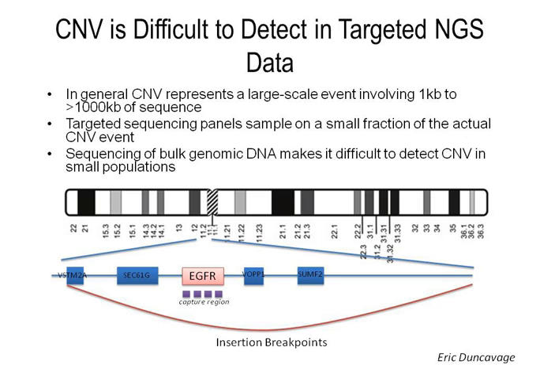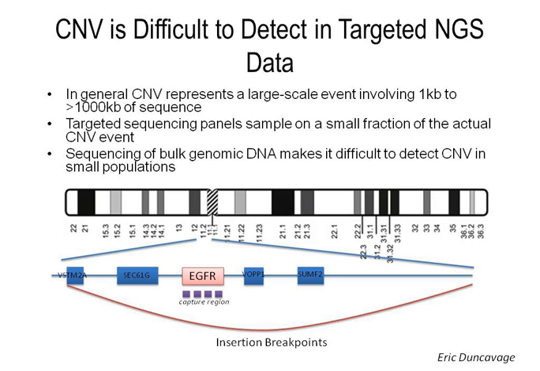It's all good for single nucleotide variants, but for CNVs, the NGS targeted-based approach has not been very good, and here is the reason for that. We look at 1 kb to 1000 kb of sequence, and then the targeting panels depend on a small fraction of actual CNV event.